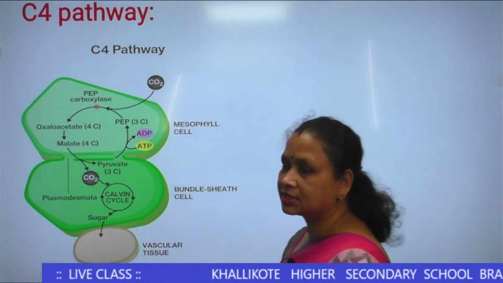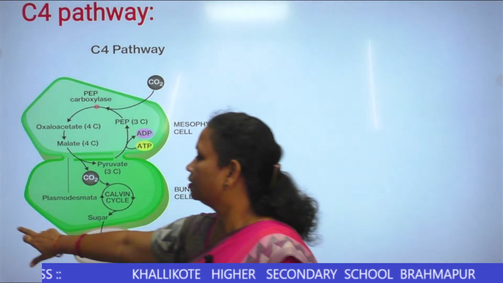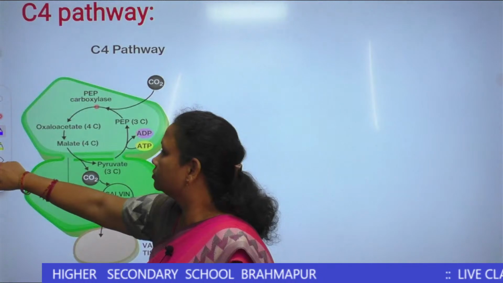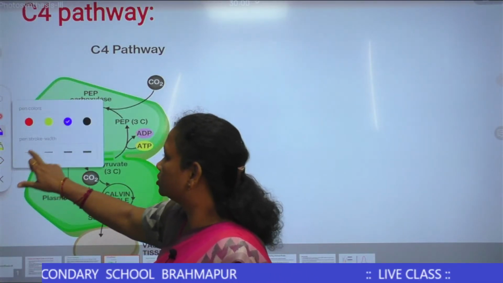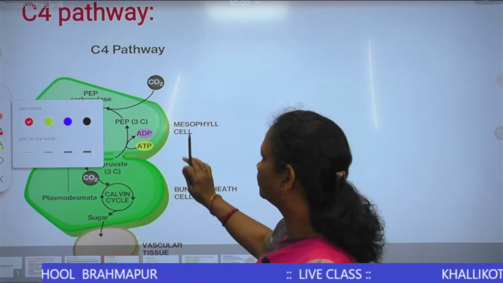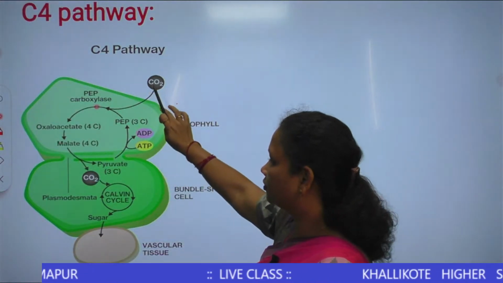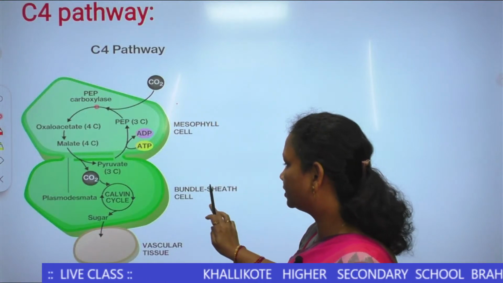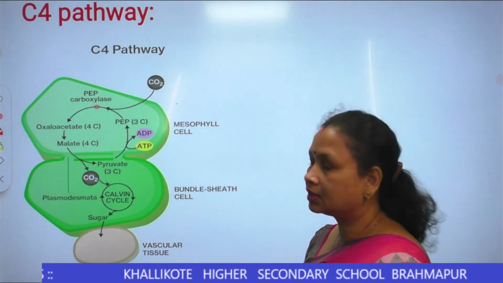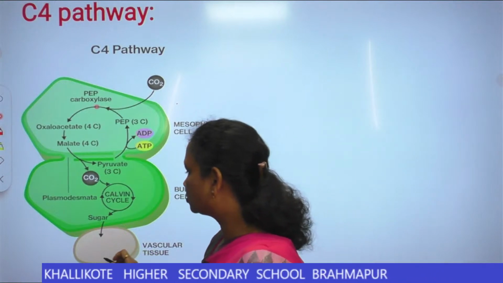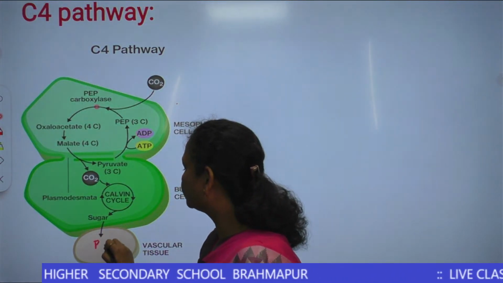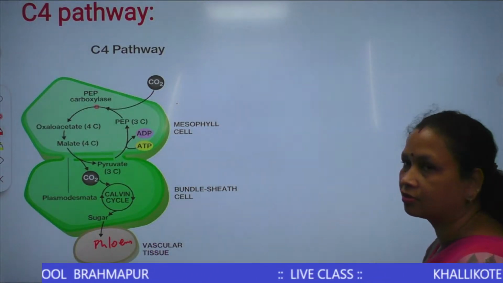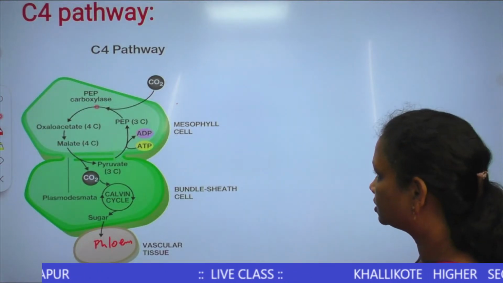The two green cells here: the first cell is denoting the mesophyll cell, and the second cell here is the bundle sheath cell, and this is the vascular tissue or the phloem, in which the product of photosynthesis will be translocated.